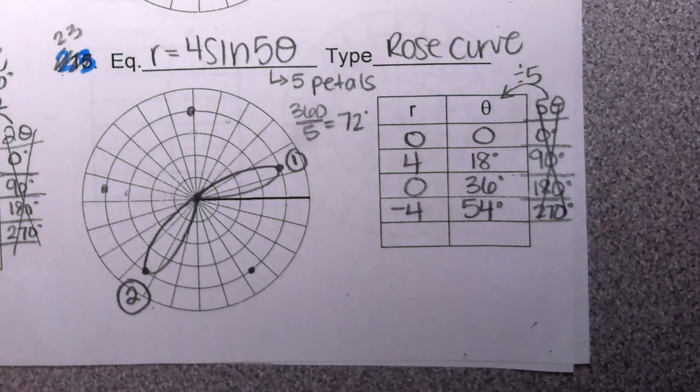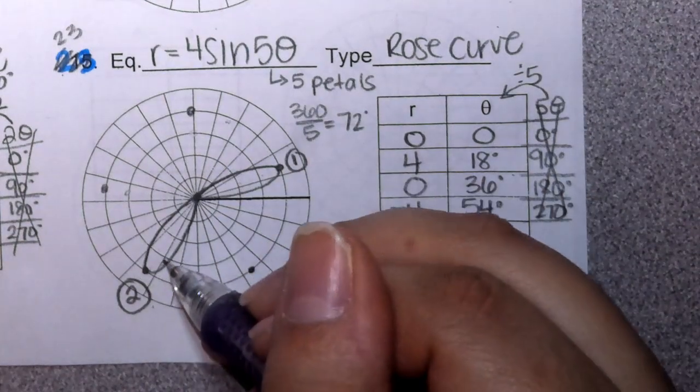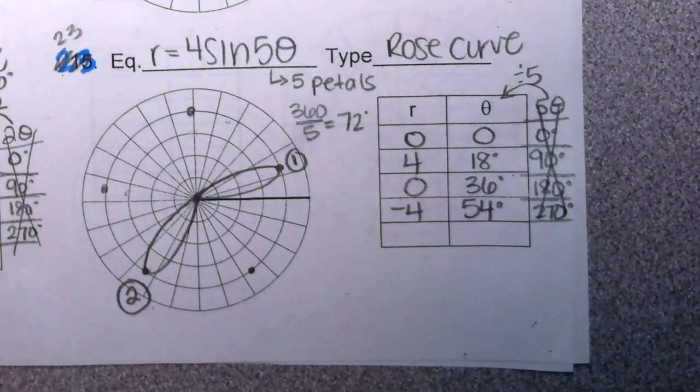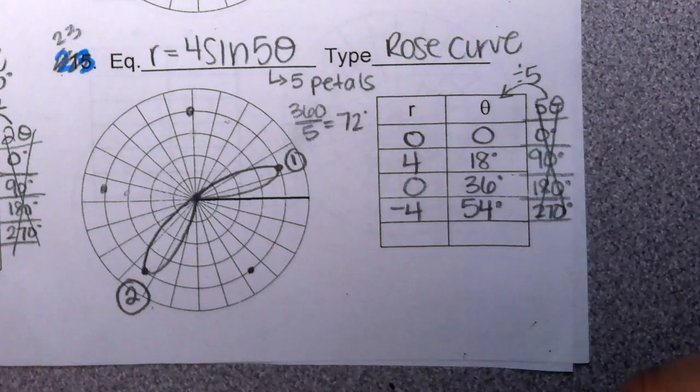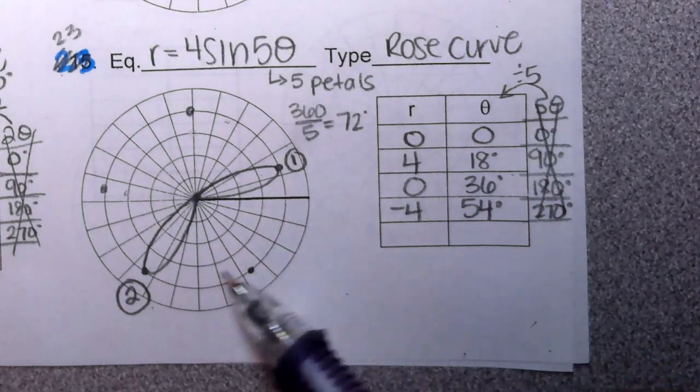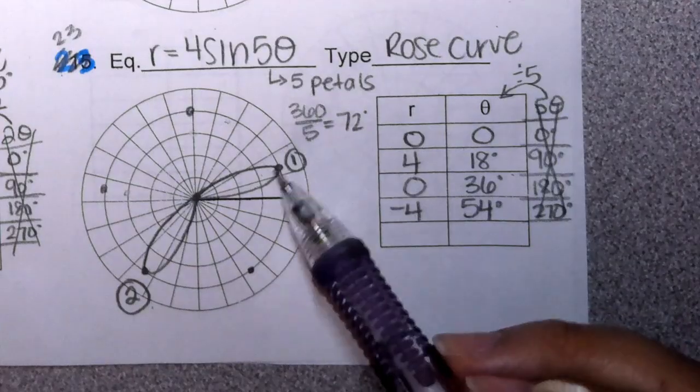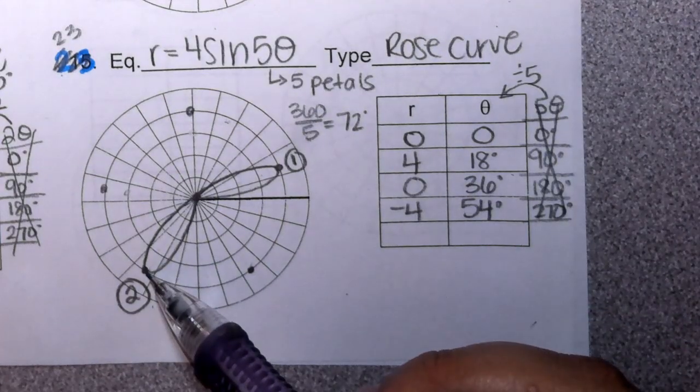How do I know which one it goes to next? You could follow the curve. Where's the curve taking you though? If you don't know, count. How far apart are 1 and 2? 2 petals. Do y'all see that?